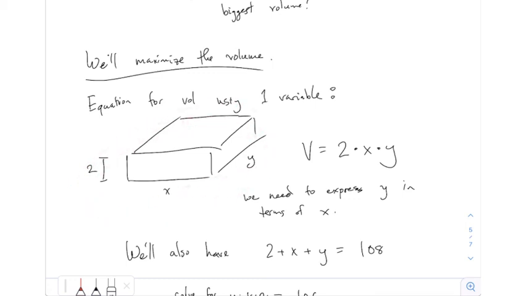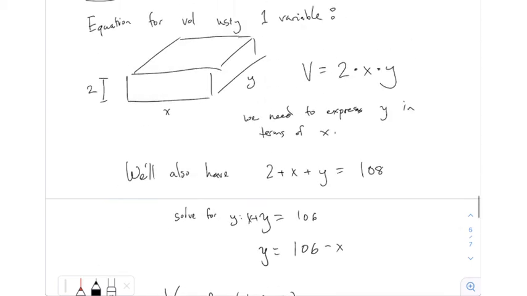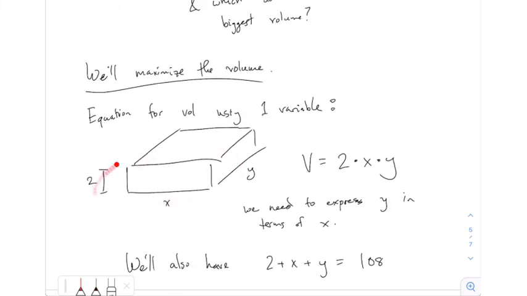The smallest for x would be 0. It doesn't make any sense to use a negative value for x. But the biggest, when I look just at this picture, is not clear. Anybody see how we can tell what's the biggest possible value of x, if not from this picture?